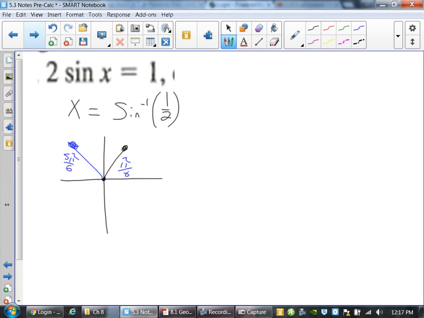You're just working them through like that, and it's still plus 2 pi n at the end. So your answers would be pi over 6 plus 2 pi n and 5 pi over 6 plus 2 pi n, because those 2 points are not equidistant going from pi over 6 to 5 pi over 6 and then back again. It's not the same distance.